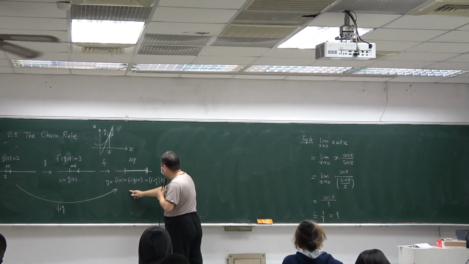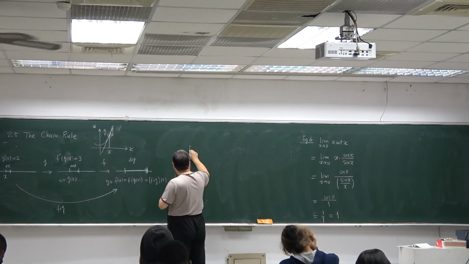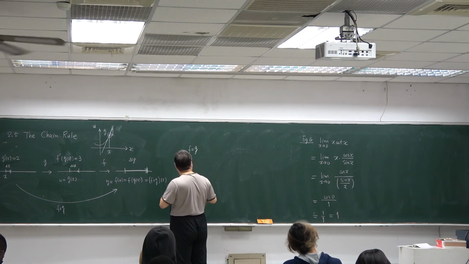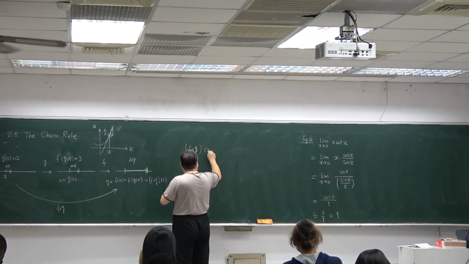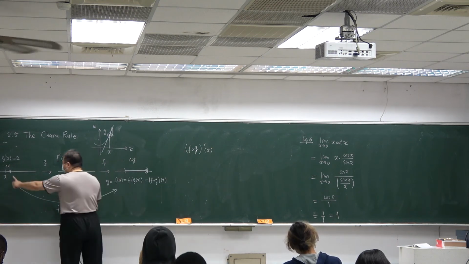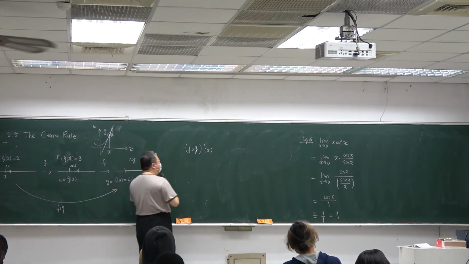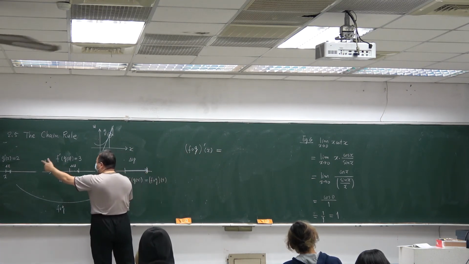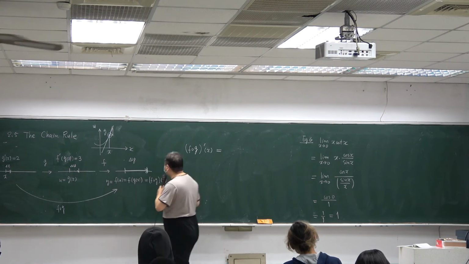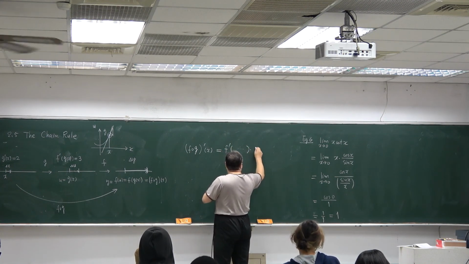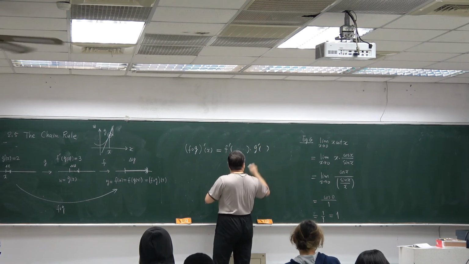Therefore, we have f circle g, the composite function. The rate of change at the number 1 equals 3 times 2. 3 means the derivative of this one. 2 means the derivative of this one.